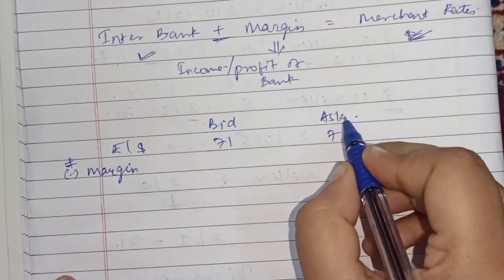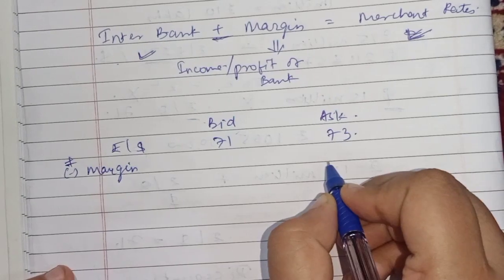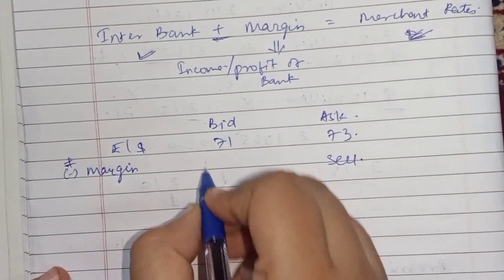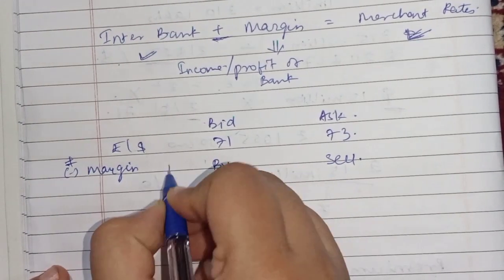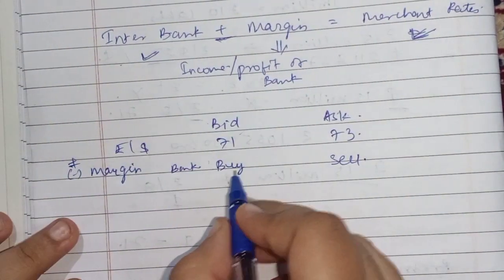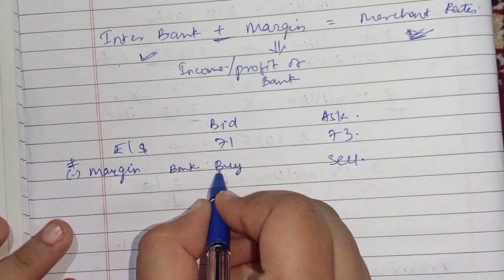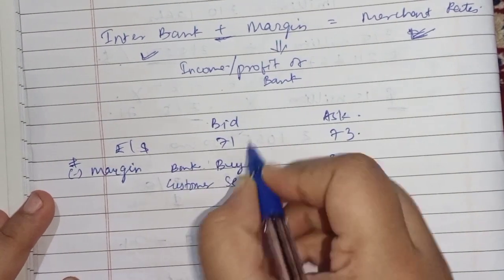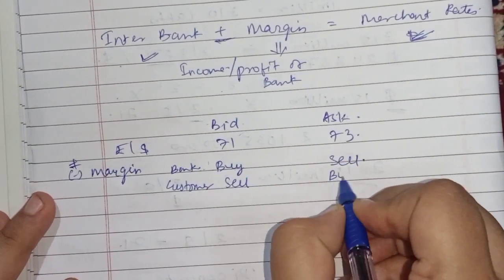See, ask rate is the rate at which the bank is ready to sell the product, and bid is the rate at which the bank is ready to buy the product. This is the case of the bank. Similarly, it will be selling to the customer. So what will the customer be doing here? Customer will sell at this bid rate and customer will buy at this ask rate.